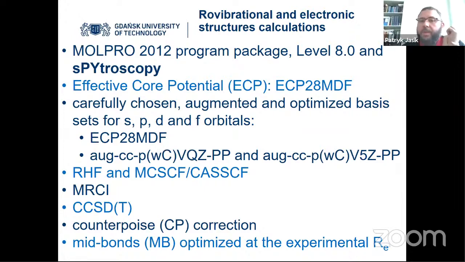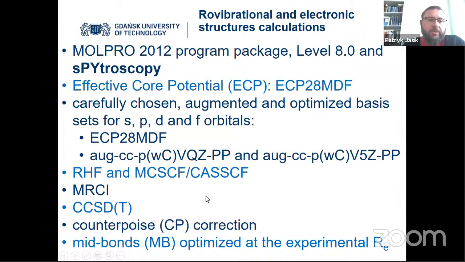We used a small effective core potential created by Stoll, a pseudopotential from the Cologne and Stuttgart group, and we also used the basis set of Peterson and Puzzarini, but we had to optimize this basis set in order to reproduce proper values of the electron affinities of the silver atom and silver dimer, because using the original basis sets it was not possible.